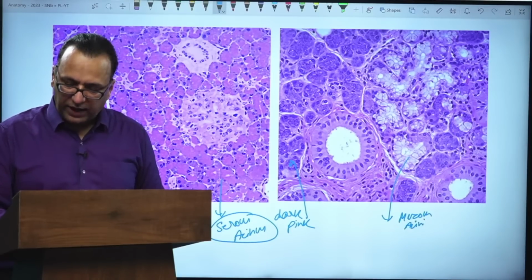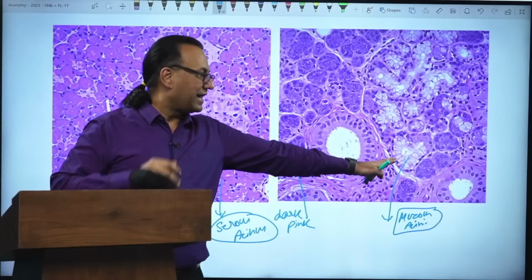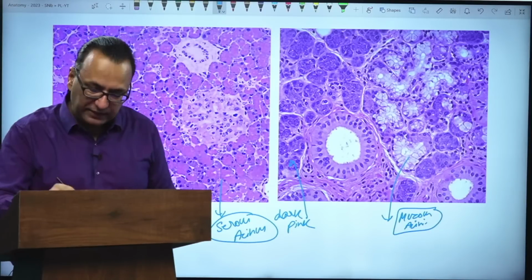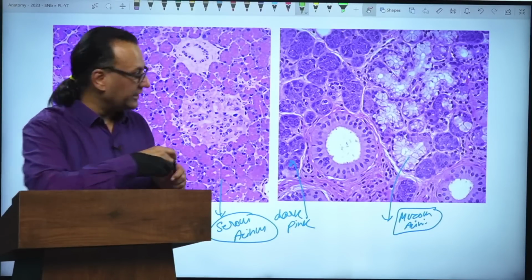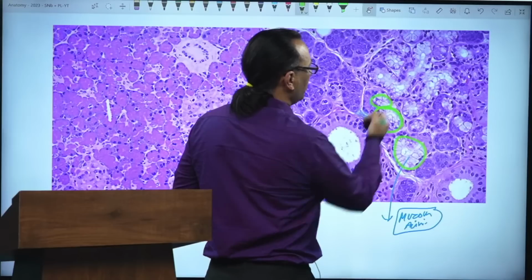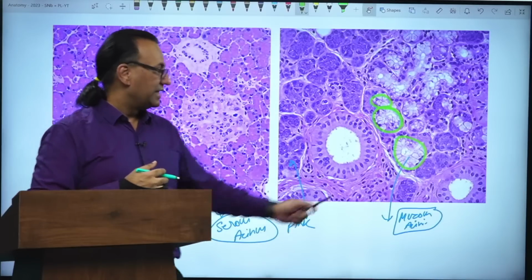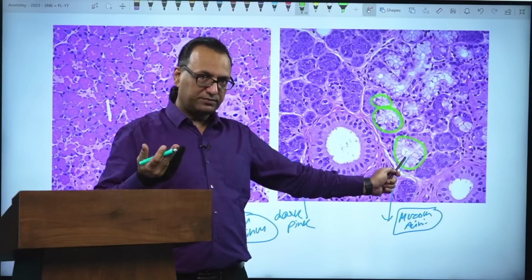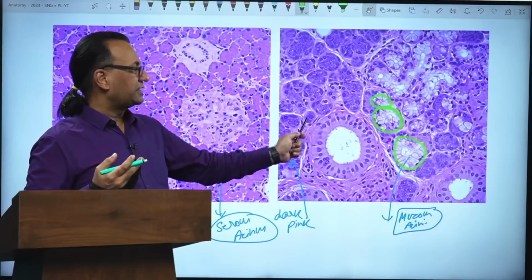And if we are talking about the mucus acini, how will you identify them? You see, these are all mucus acini, and they are identified by the fact that they will have mucus, empty looking cells, as compared with the serous acini.